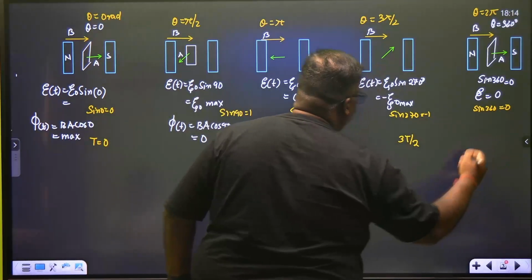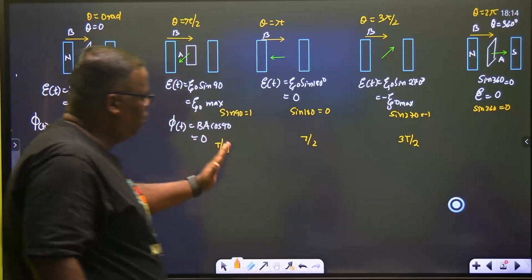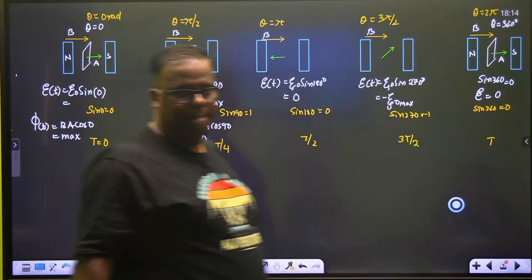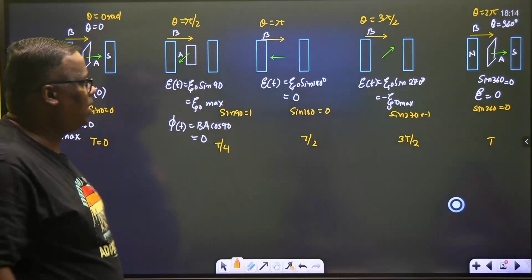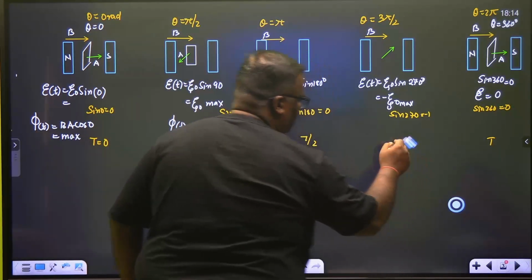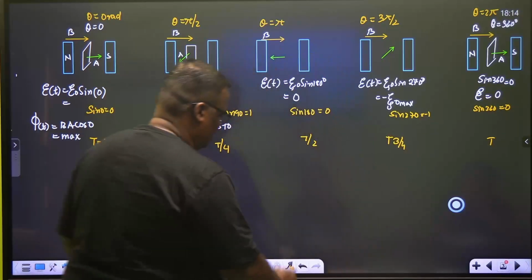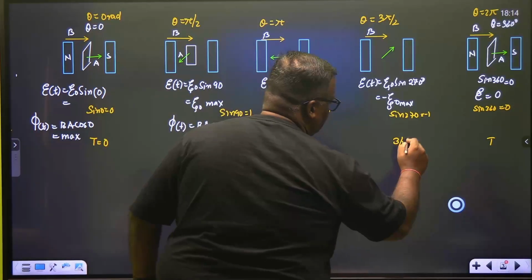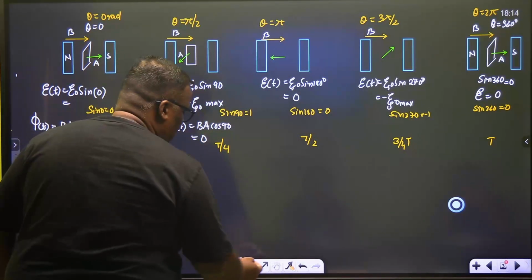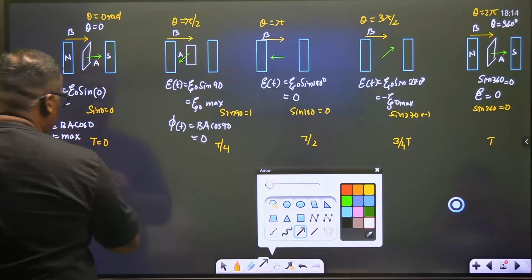Or else take t equal to 0, 1/4, half, 3/4, and T. Sorry, this will be 3 by 4, my mistake. This will be 3 by 4 T and T. Clear? What is T in our periodic language? T is the time period.